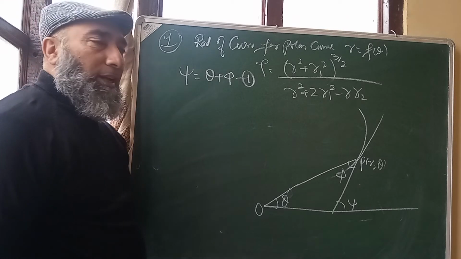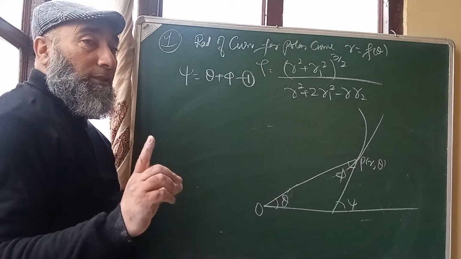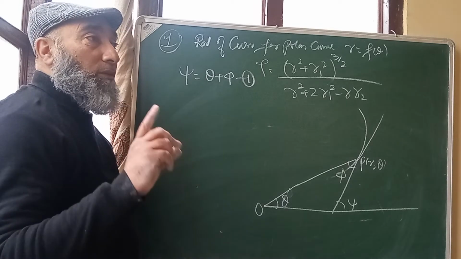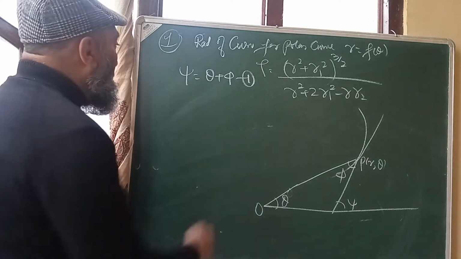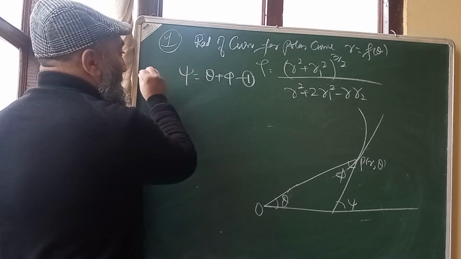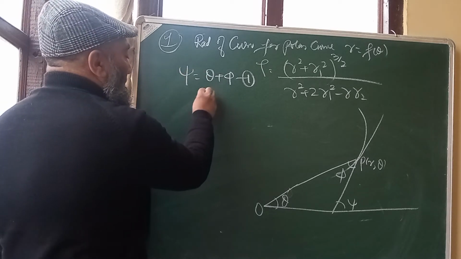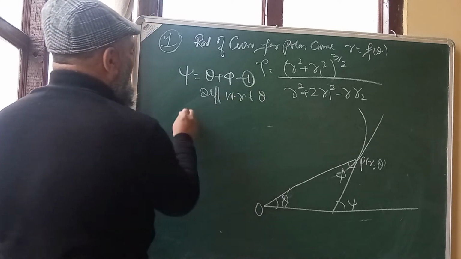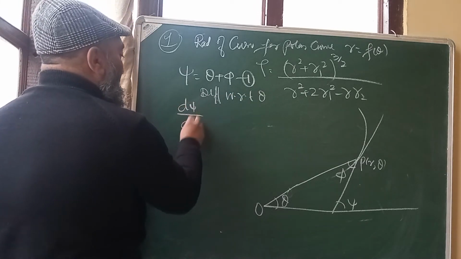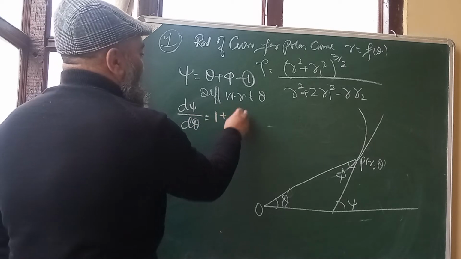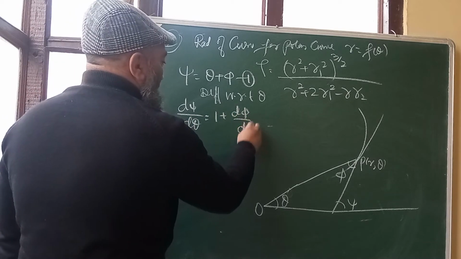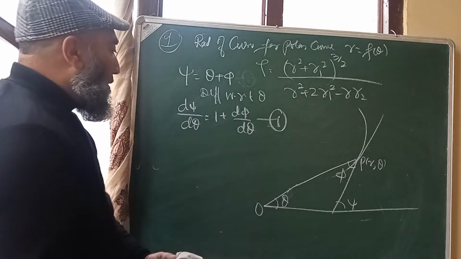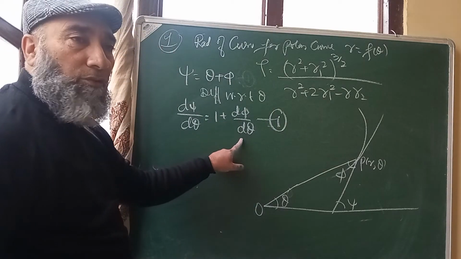What I have to find is rho, the radius of curvature, that is in terms of s and psi. So let me differentiate this first with respect to theta. I will have d psi by d theta equals 1 plus d phi by d theta. Let me call this one. Now let me first find d phi by d theta, which is quite easy.